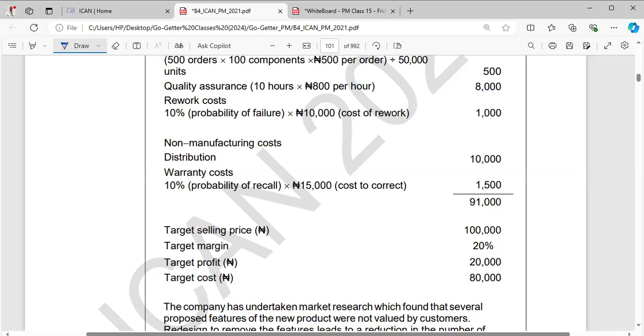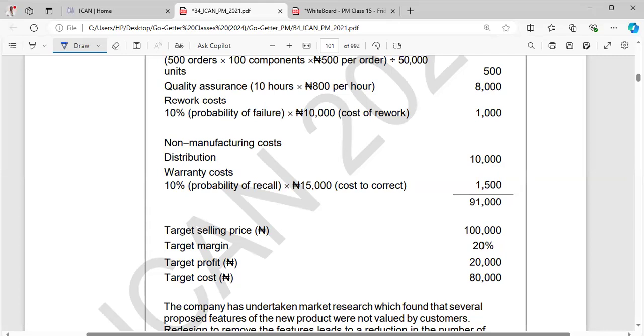How will you do it? If they give you the target cost, then they have given you everything. So there will be no need for you to do selling price and target margin, because your objective is to get what? Your target cost. But if they give you the profit, 20,000, and you are not given your selling price, if they only give you target profit and target margin, how do you get your selling price?